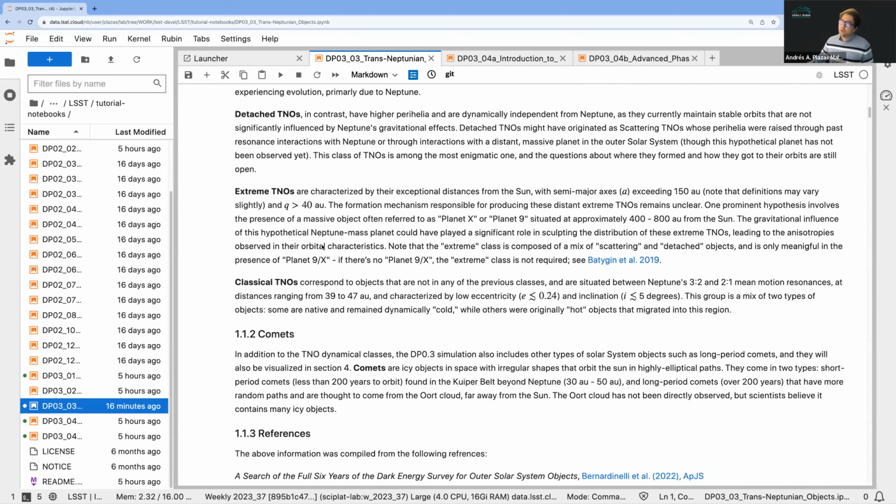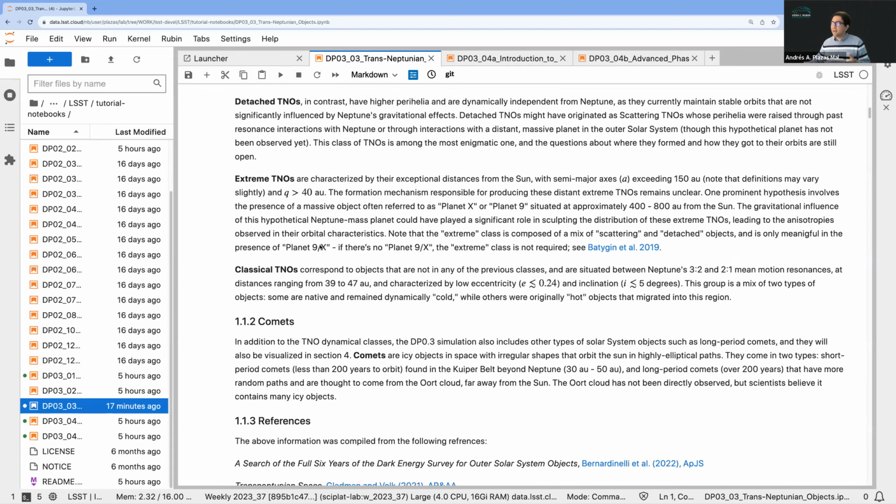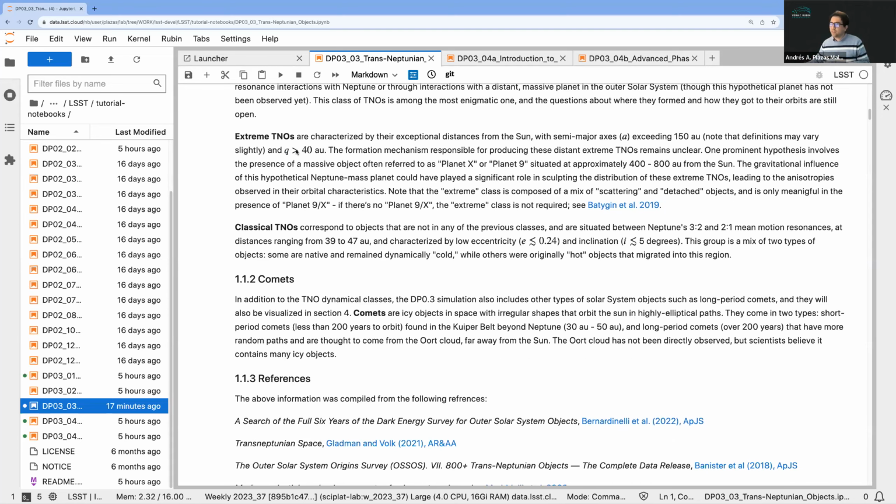Another population is what we call the extreme TNOs. Here we're talking about objects that are very, very far away, that have a semi-major axis, the size of the orbit, greater than about 150 astronomical units, and a perihelion distance, this parameter q that we're going to talk about throughout the notebook, greater than 40 astronomical units.